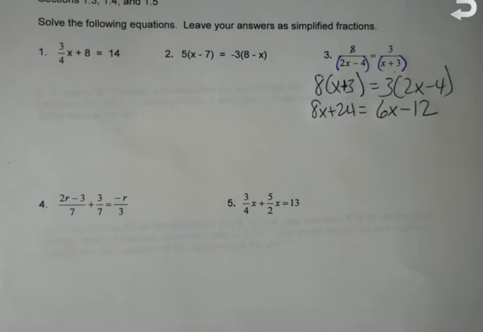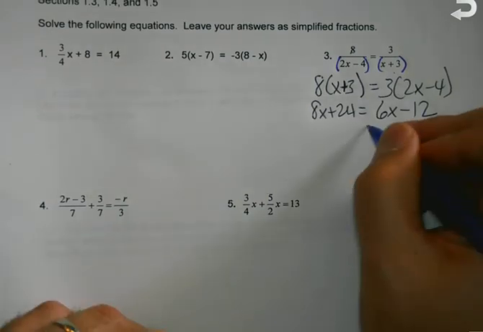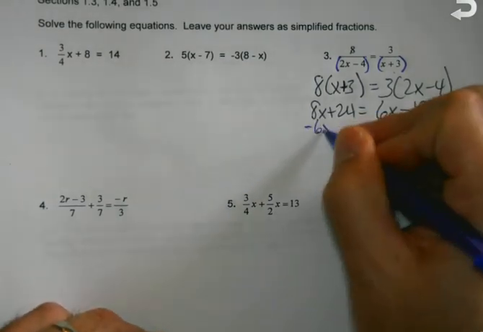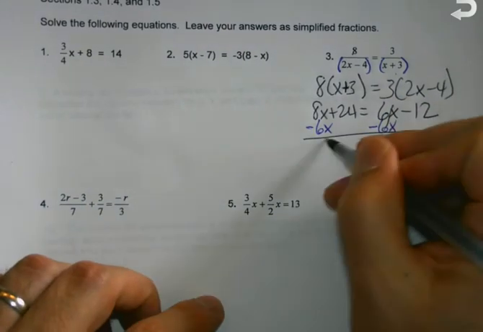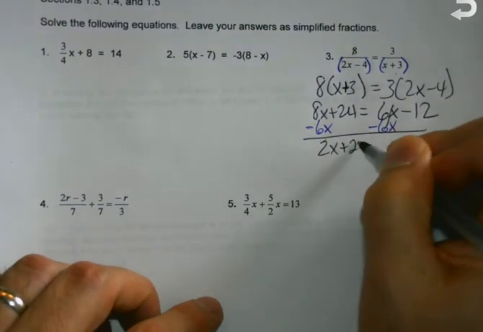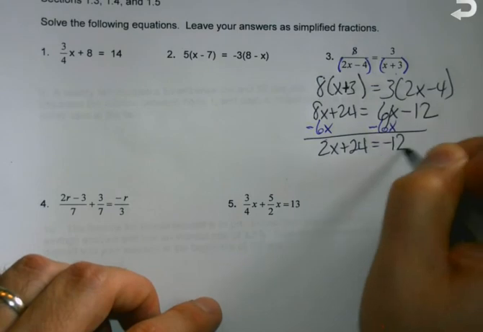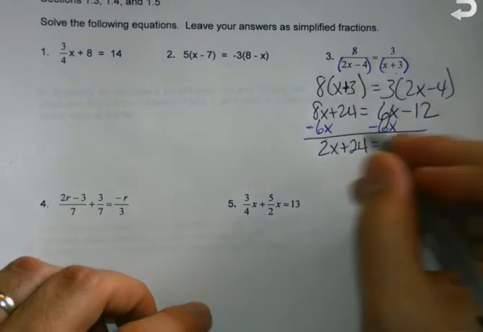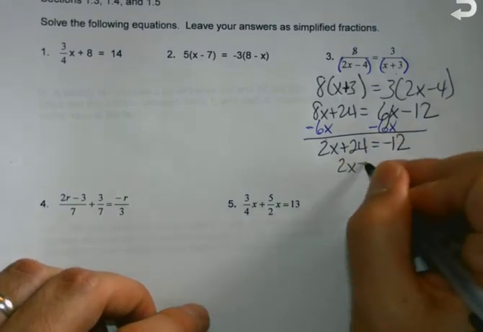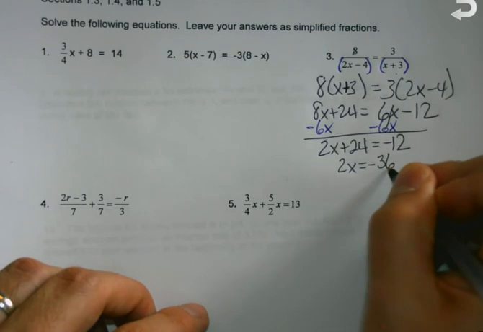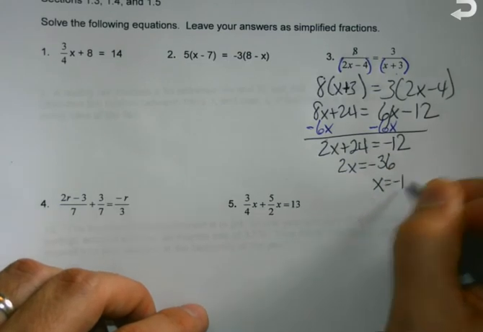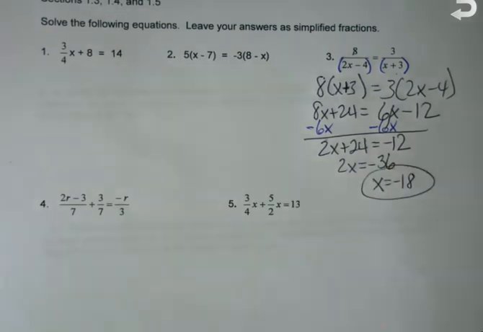So again, I've got x terms on opposite sides, so I can choose which side I want to move them to. And then I'm just going to finish this one off. But the whole key there is, oh yeah, got to make sure I distribute. If I don't, it's kind of ugly.